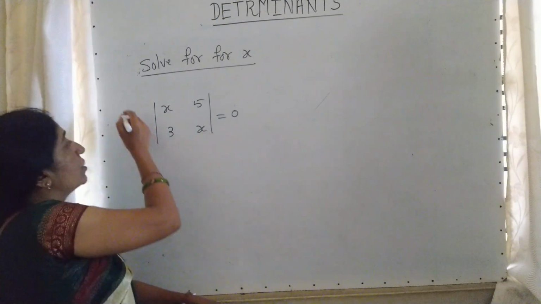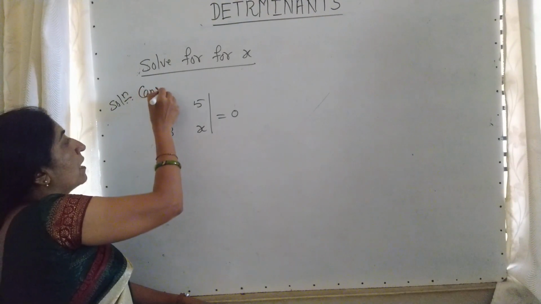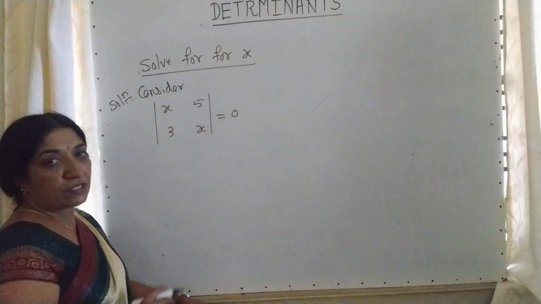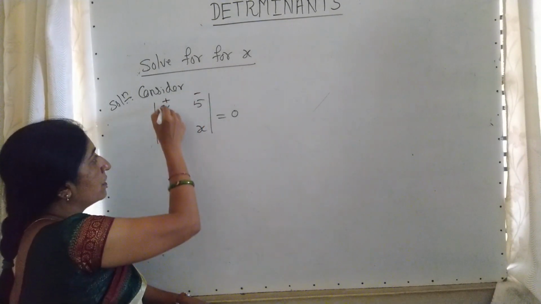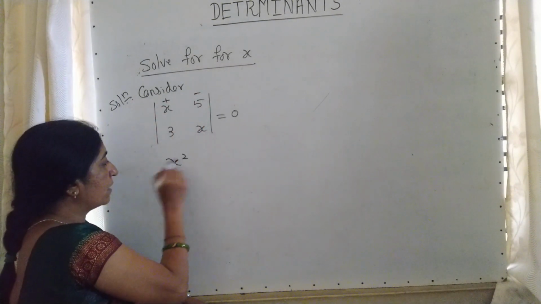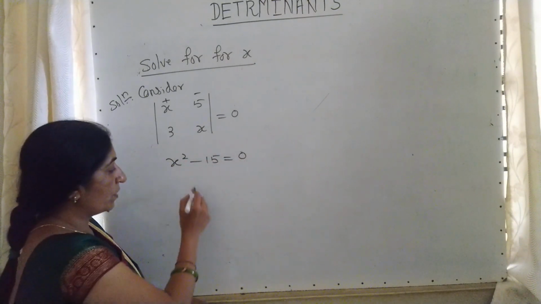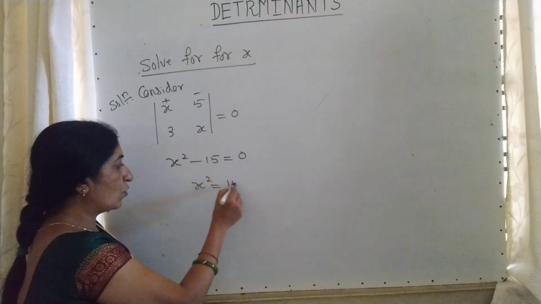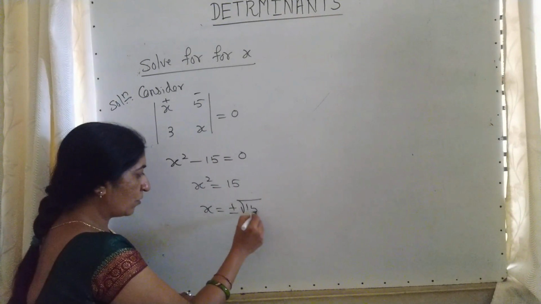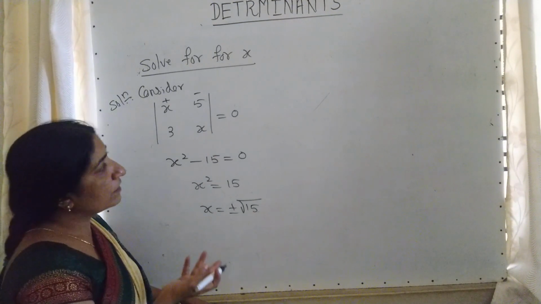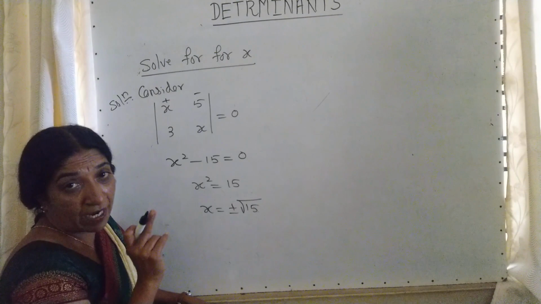So in the solution, write down the given expression as it is. After writing LHS and RHS, solve the left part. As usual, plus and minus. x into x is x square, and this is minus 15, is equal to 0. Then x square is equal to 15. What is x? x is plus or minus square root of 15. See, is it very simple or what? So these types of questions you will get in part A for 1 mark.